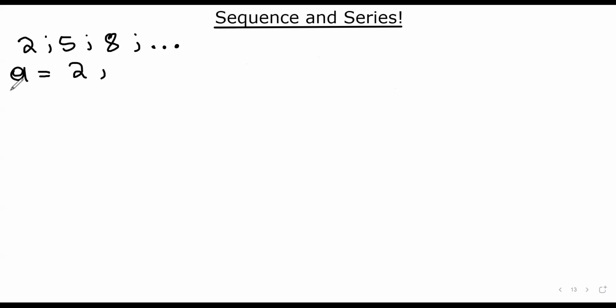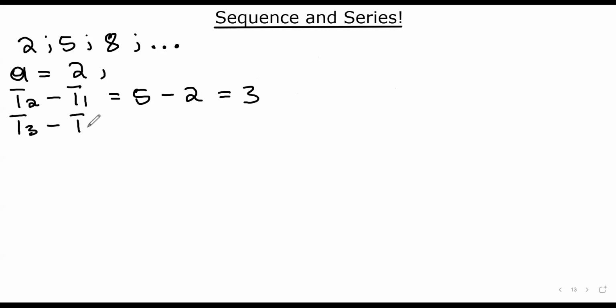Well, by taking term number 2 and subtracting term number 1 from it. So we say, well, we have 5 minus 2 there, which is 3. Then we take term number 3 and say, let's subtract term number 2 from it. And we also get a 3.